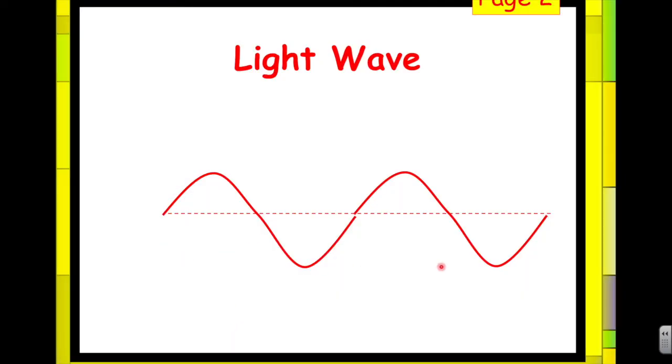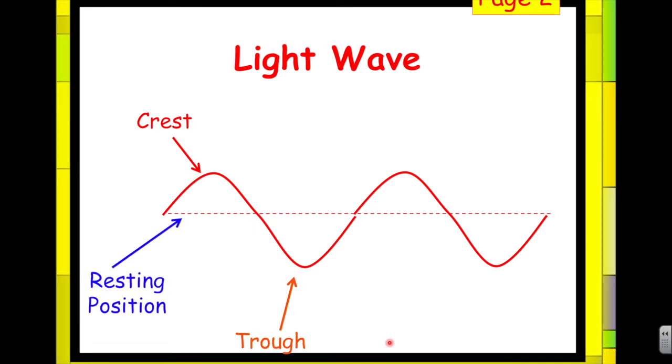On the wave that you just drew, let's go ahead and label it. That is going to be the crest, the top, and then the trough. The resting position is right here. The wavelength is the length that goes from crest to crest right there. There's another way to measure a wavelength: you could do it from trough to trough, or from here to here.